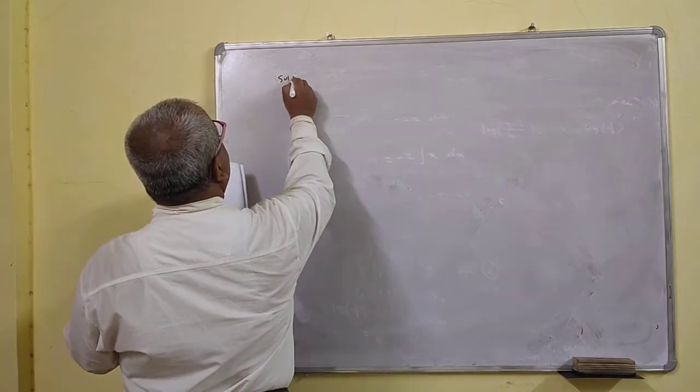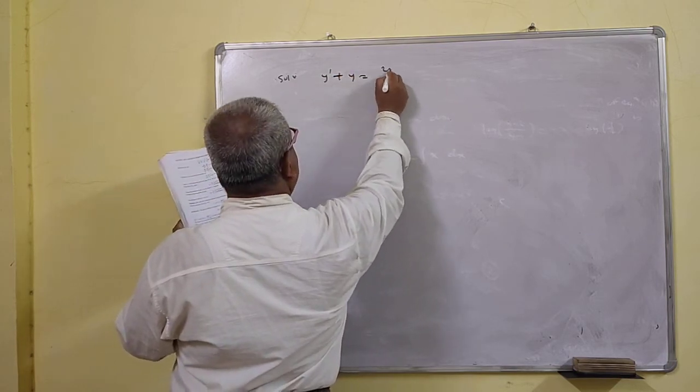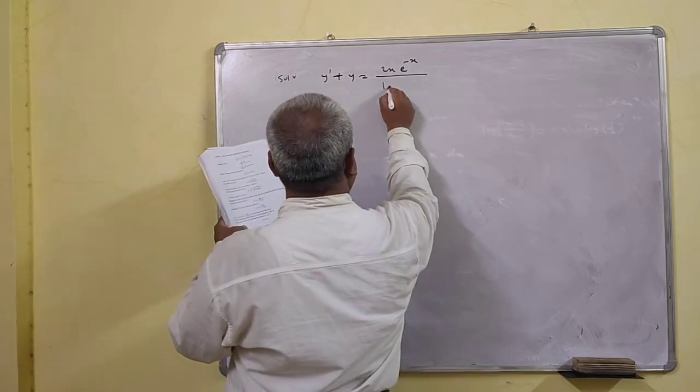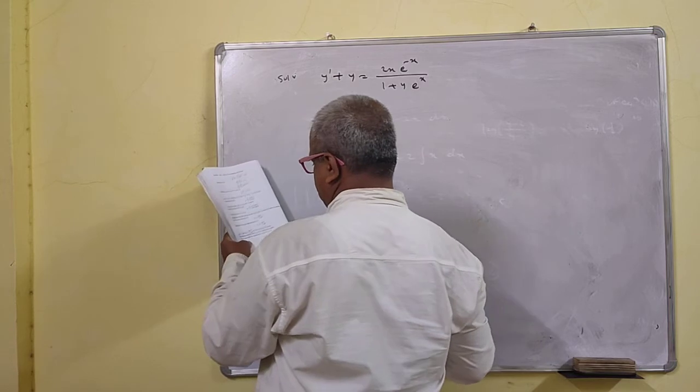Solve y prime plus y is equal to twice x e raised to minus x upon 1 plus y e raised to x.